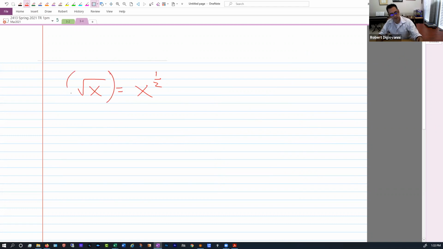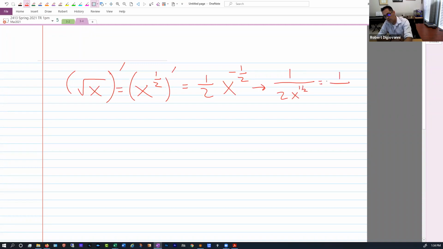And then if we take the derivative, they'll say the answer is 1/2 x to the negative 1/2, which is true. I agree with you 100%. But this turns into what I just did, 1/2 x to the 1/2. And that turns into 1/2 square root of x. Right, that I just showed you that algebraically a second ago.